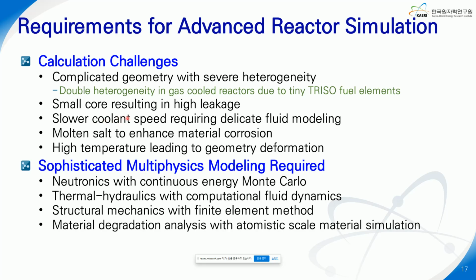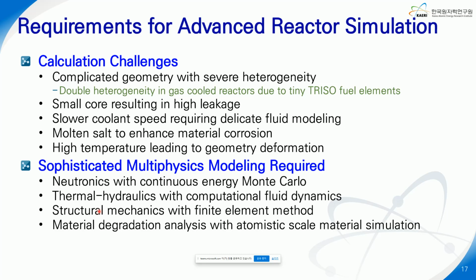In this regard, sophisticated multi-physics modeling involving neutronics with continuous energy Monte Carlo, thermal hydraulics with CFD, and material degradation analysis with the atomistic scale material simulation are required to obtain sufficient solution fidelity.